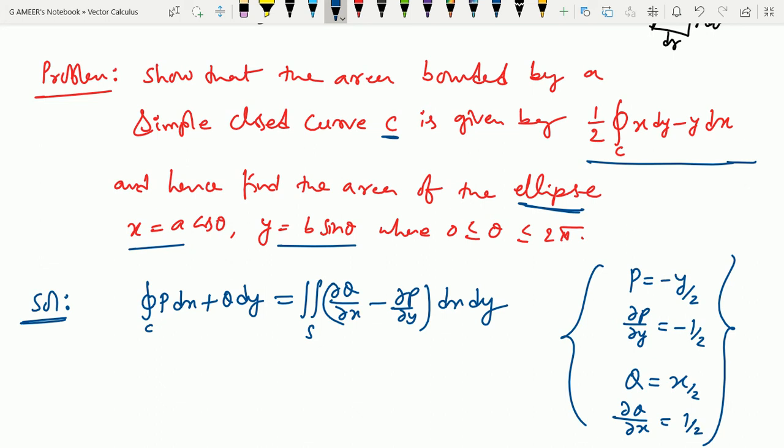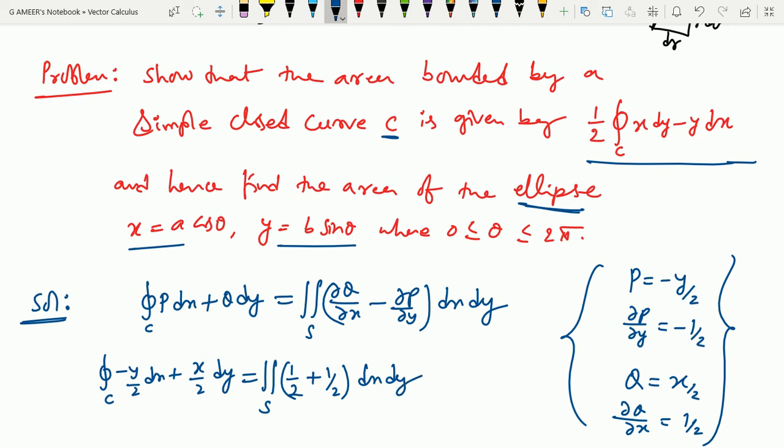So this integration, that is p dx, minus y by 2 dx plus q, x by 2 dy, will be equal to the surface integration of dou q by dou x, that is 1 by 2, minus dou p by dou y, that is minus 1 by 2, it will become plus 1 by 2 into dx dy.